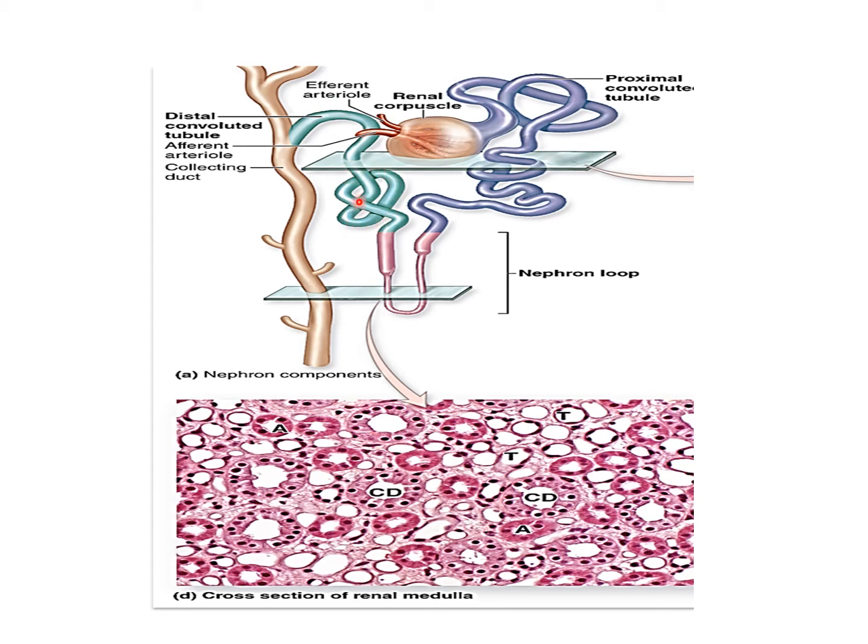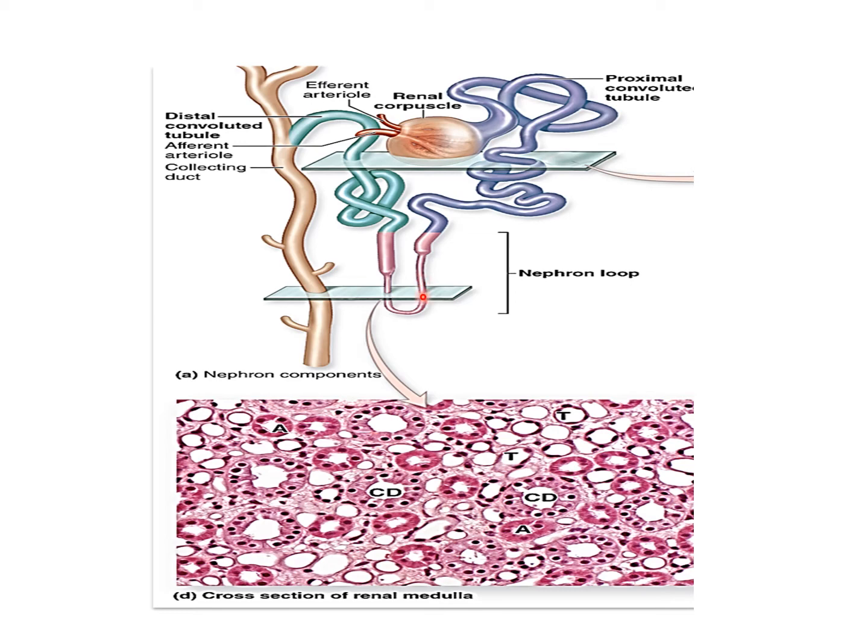Again, the nephron consists of two parts: the renal corpuscle and the renal tubules. The first part of the renal tubules is the proximal convoluted tubule, which is attached to the thick descending limb, and the thick descending is attached to the thin descending loop of Henle.